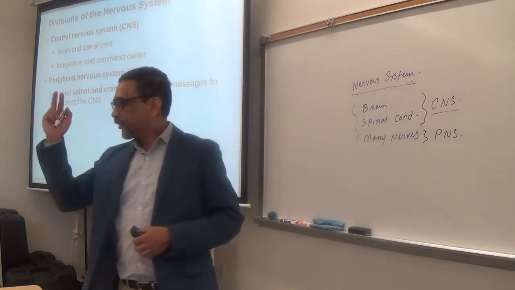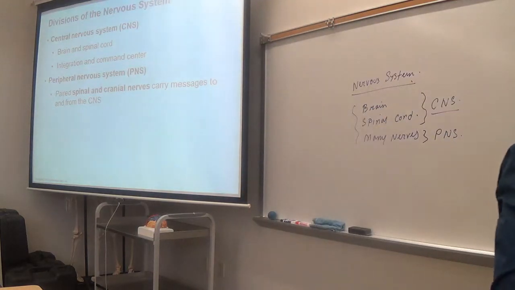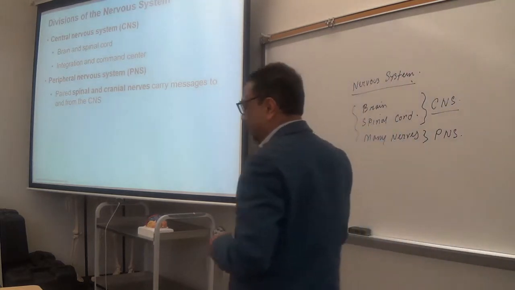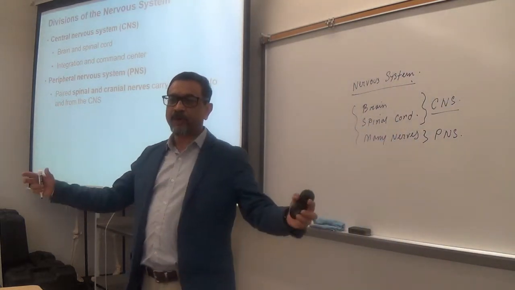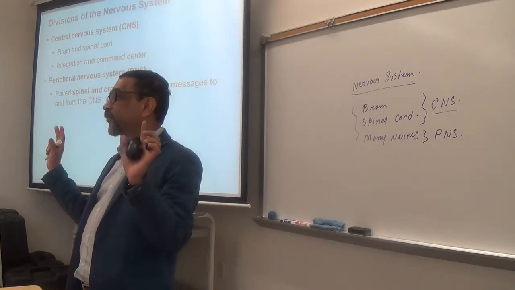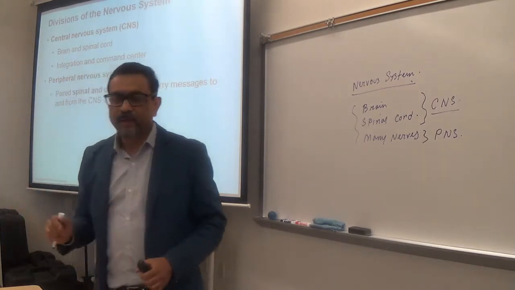So, only the brain and the spinal cord belong to the central nervous system, or CNS. And you have many nerves throughout the body. Those belong to what? PNS, right? Peripheral nervous system.